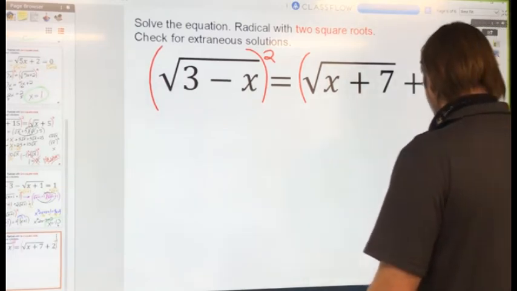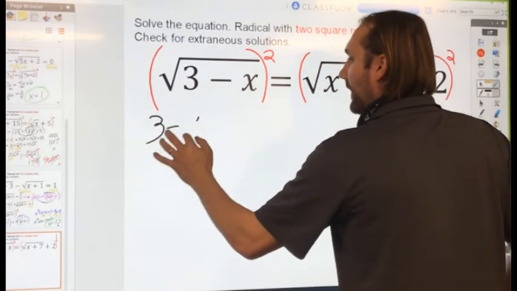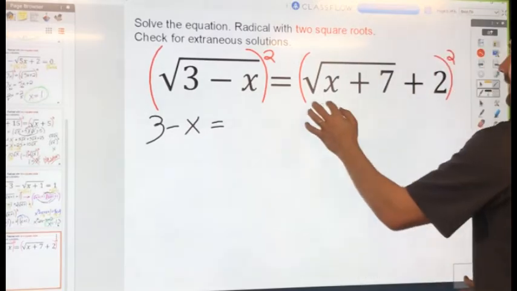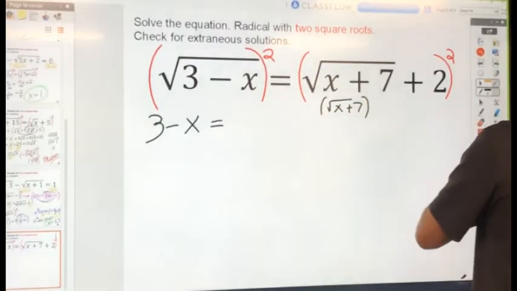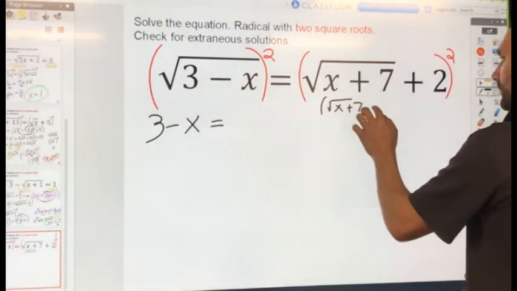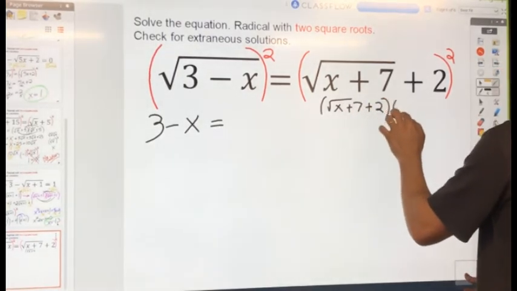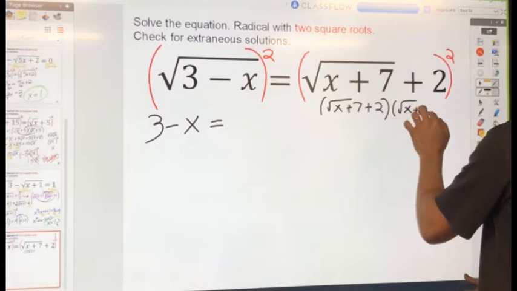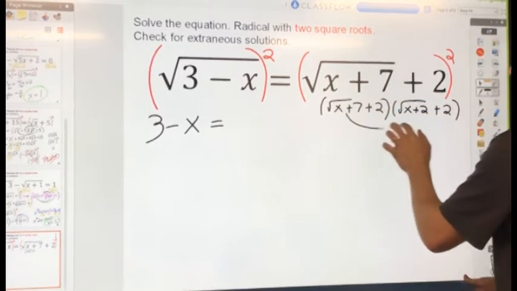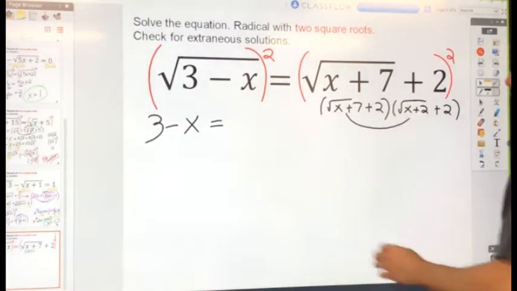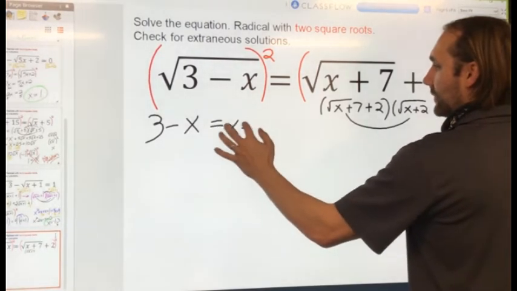I have a 3 minus x equals, now this is square root of x plus 7 plus 2, times square root of x plus 7 plus 2. Now when I multiply square root of x plus 7 times square root of x plus 7, I get just x plus 7.